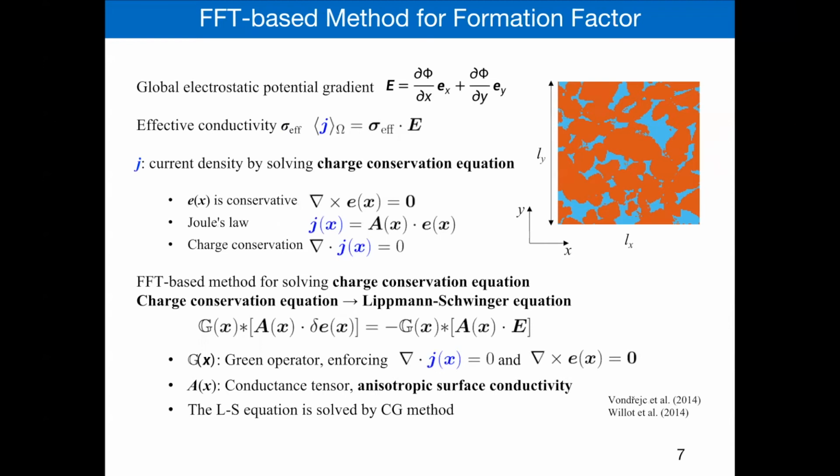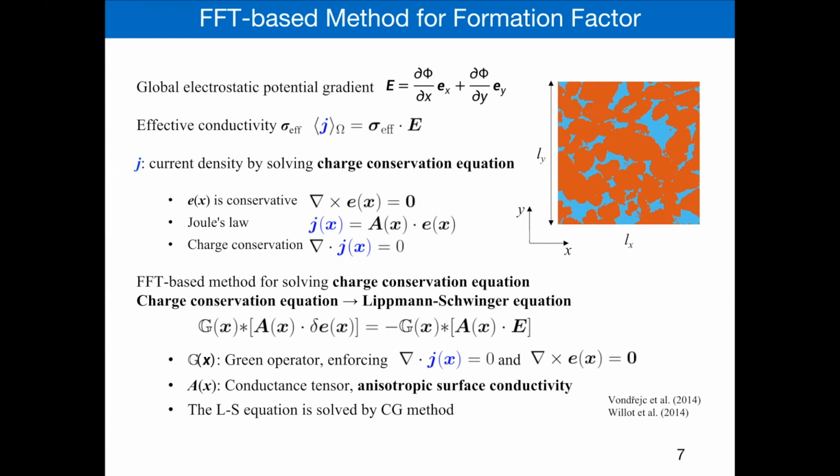Similarly, we obtain the formation factor by solving the charge conservation equation with the FFT-based method. By applying the electrostatic potential gradient over this porous media, the local current density is simulated by solving the charge conservation equation, which is equivalently rewritten into the Lippmann-Schwinger equation with the electrostatic potential gradient as the unknown field.